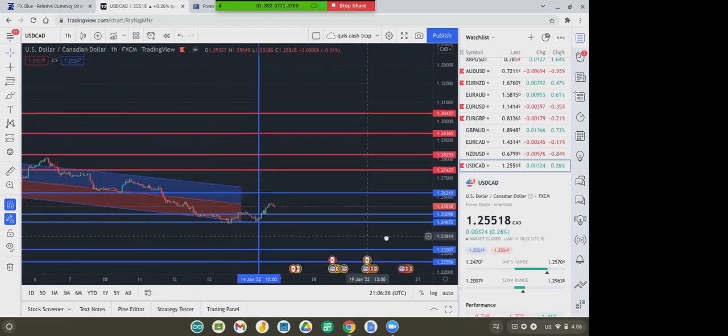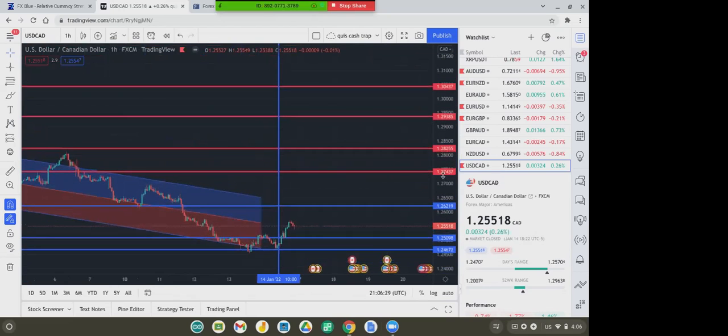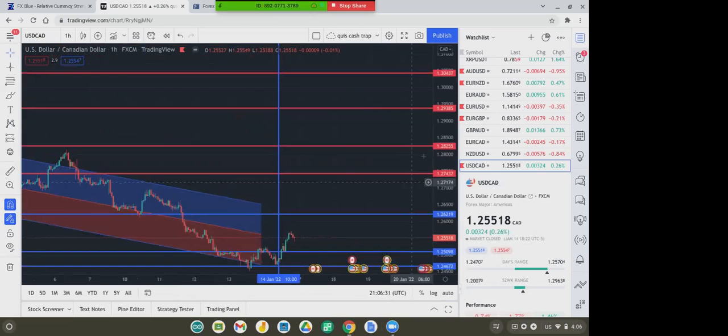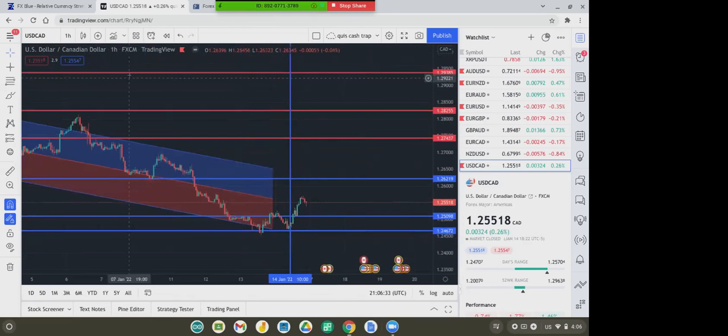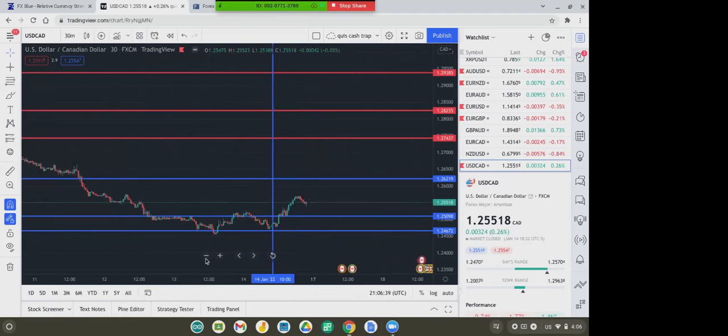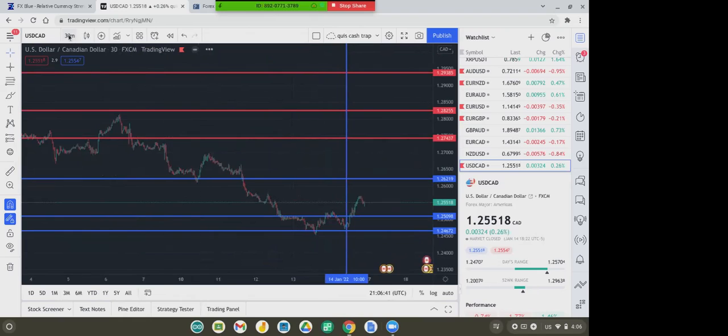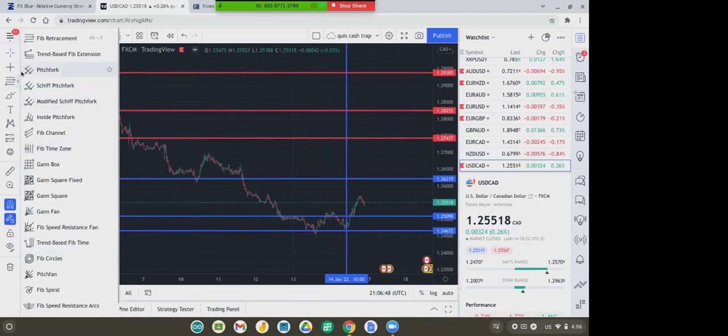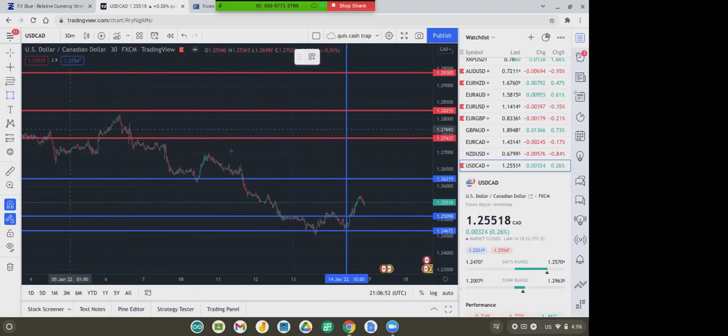So I look on the lower time frames to find my entries, like the 30-minute or the 15, right? So the 30-minute is giving me a sell position right here, right?